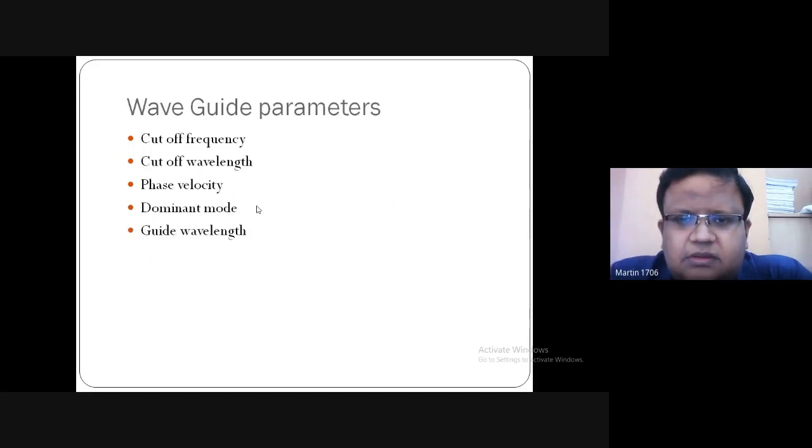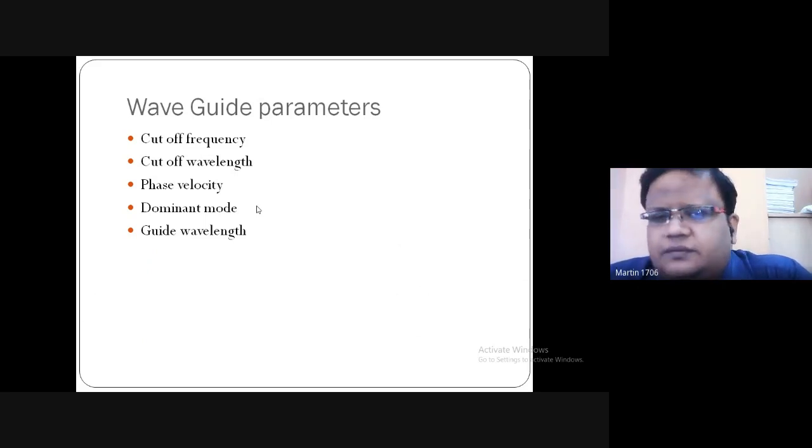Out of the two frequencies, that is the lower cutoff frequency and the higher cutoff frequency, we are averaging the two, and we are finding it at the 3 dB point. At the 3 dB point, what is your cutoff frequency? Similarly, the cutoff wavelength also.